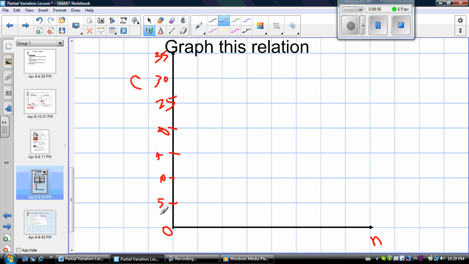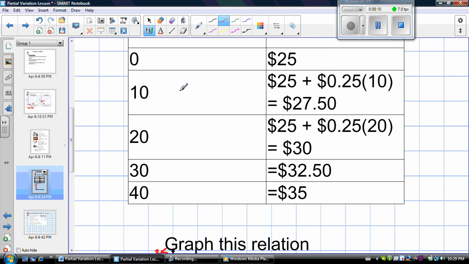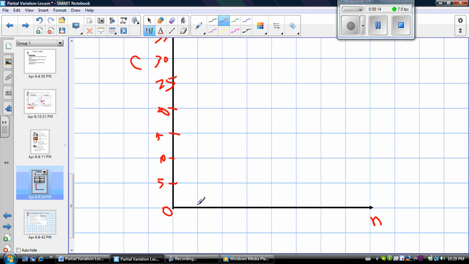Okay, there we go. And on the other axis, I'm going to go up 0, 10, 20, 30, 40. So let's go 10, 20, 30, and 40.